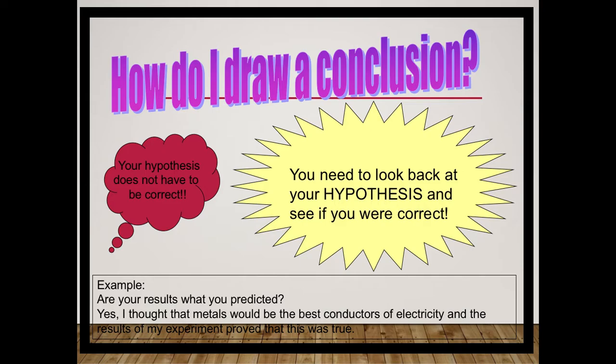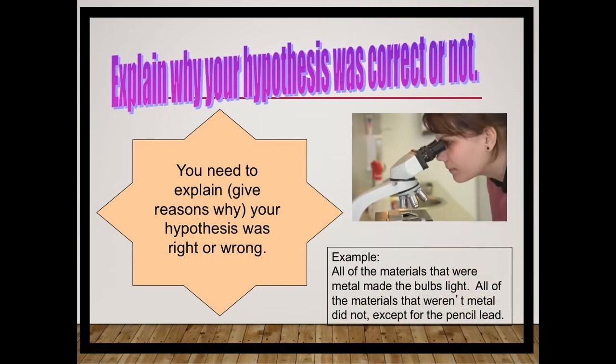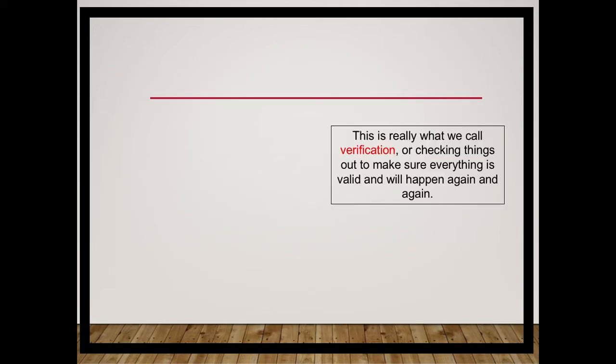Your hypothesis does not need to be correct. Sometimes there's also errors. For some wonky, odd reason, your plant and soda might just grow great, but then everyone else's didn't. So sometimes your hypothesis might be incorrect, and that is okay. So then you want to explain why your hypothesis was correct or not. You give your reasons and you explain what went right and what went wrong.